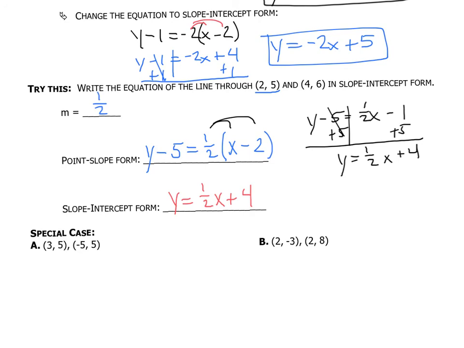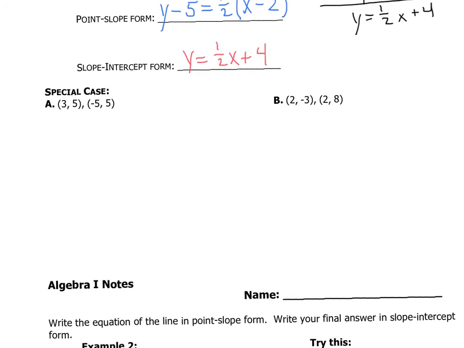All right. Now, let's look at some special cases. Here are some situations that you may come across where things look a little bit different. Right away, you're given 2 points, and so your first instinct should be, okay, I have 2 points, I need to find the slope.